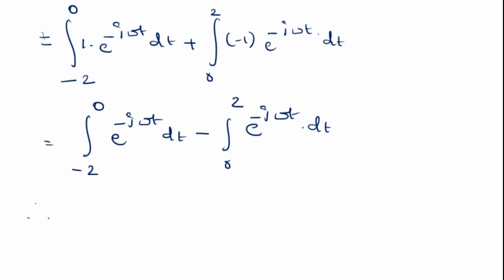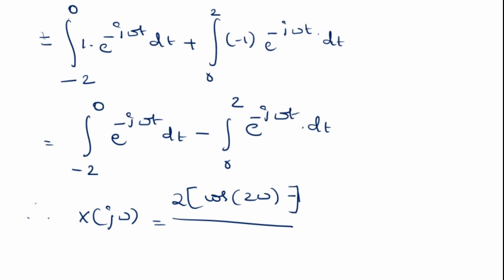So after simplification, we get X of j omega is equal to 2 into (cos of 2 omega minus 1) divided by j omega.